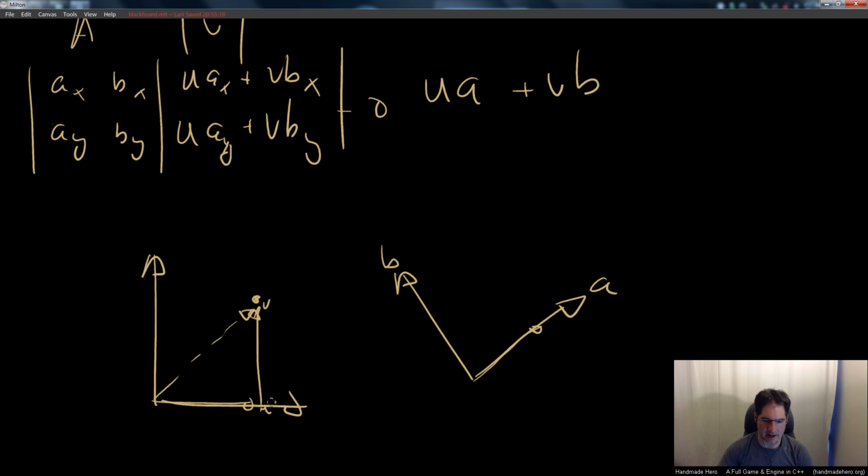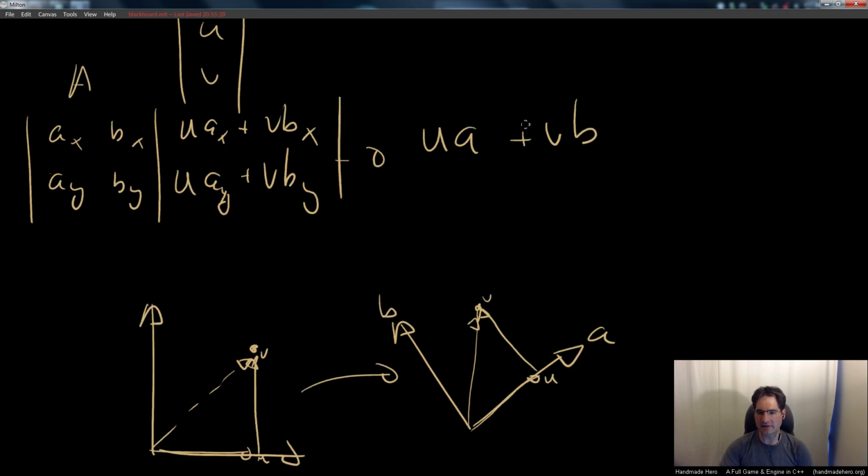I can say I want to go this far along in u, and I want to go that far along in v, and I get to that point. And that's the forward transform of this thing. We've done this so many times. You just go u along the a vector and then v along the b vector, and you get to the point. And that's how you do a basic transform.